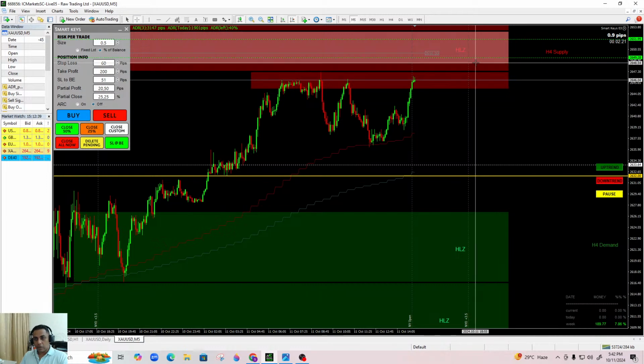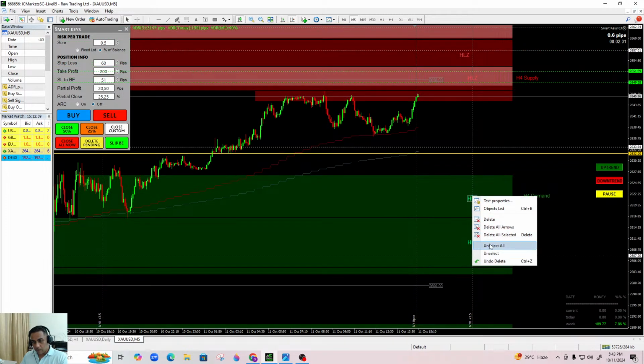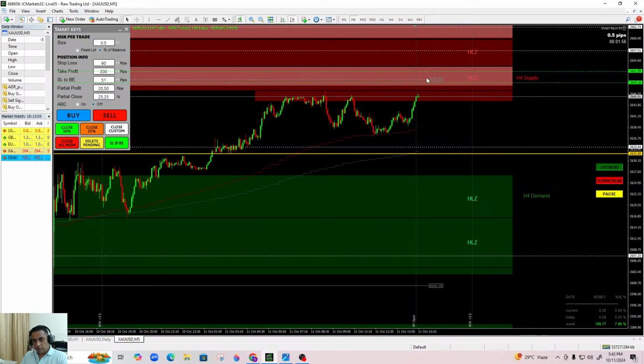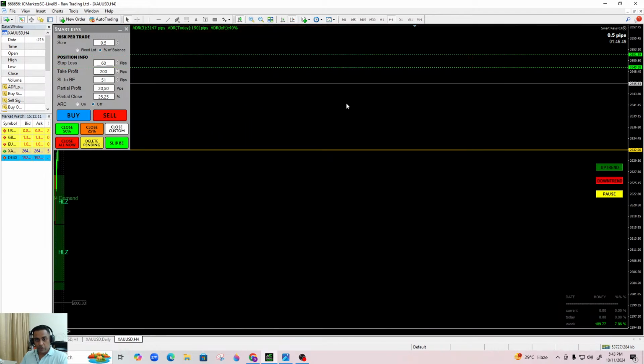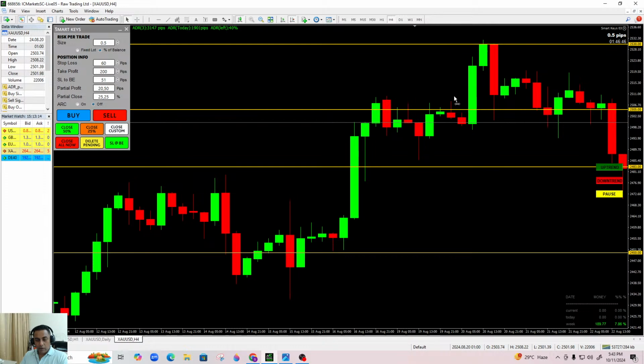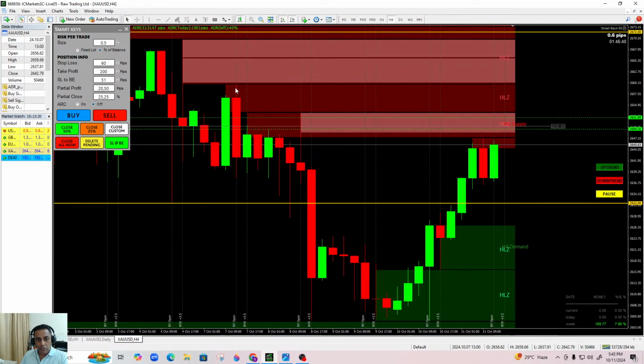Right. So there is that. Okay, and then the one above, in case price breaks this zone right here and comes to the H4 supply zone above it, comes to this one, right?